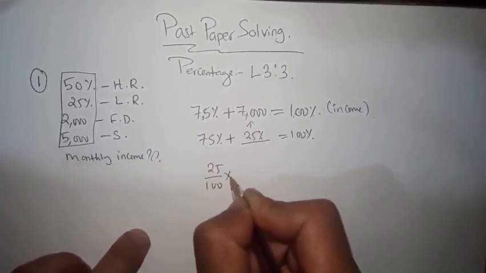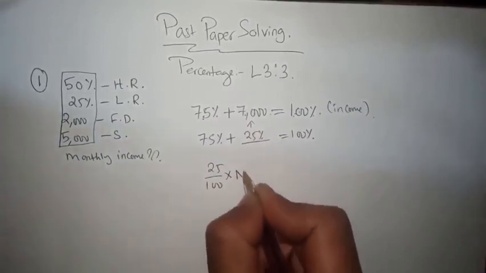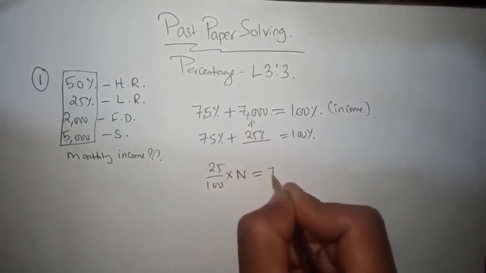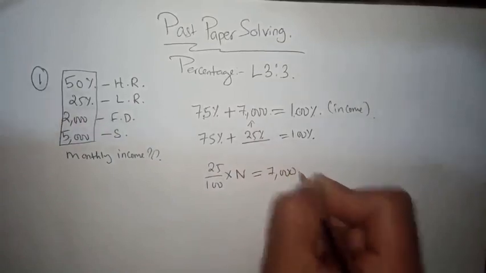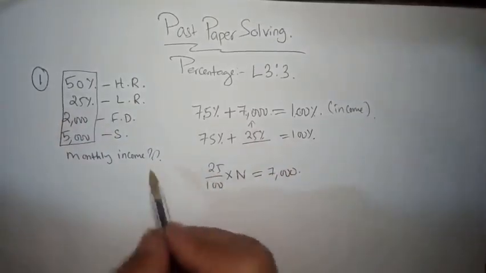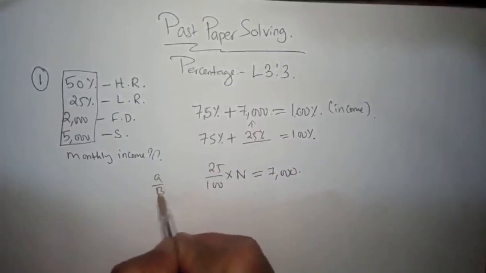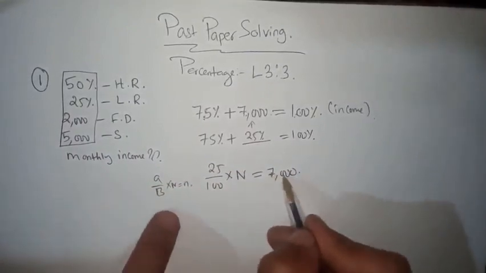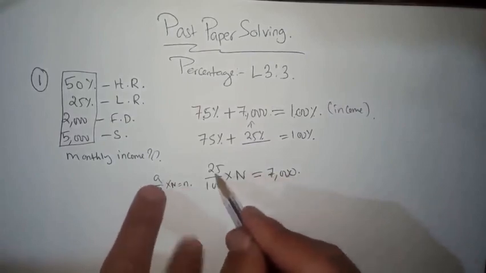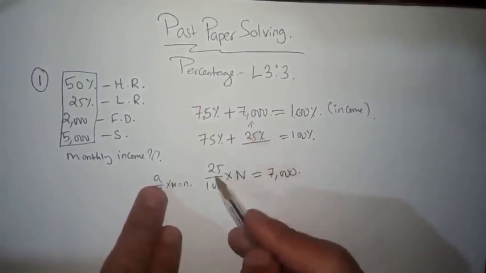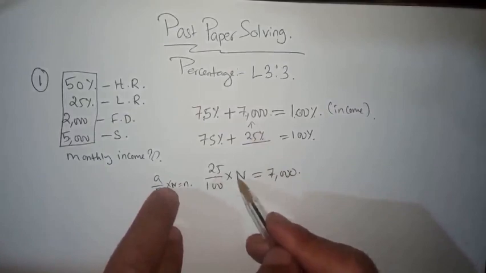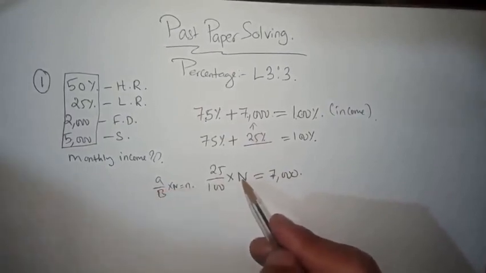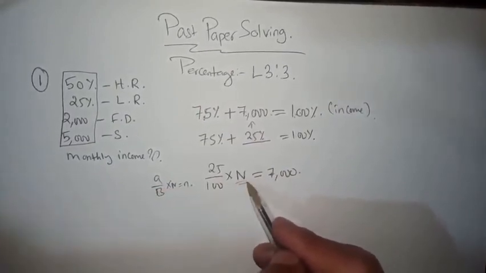Using the formula, A over B into N is equal to small n, where capital N is the total and small n is 7,000. A is 25%. Here N is the total income.